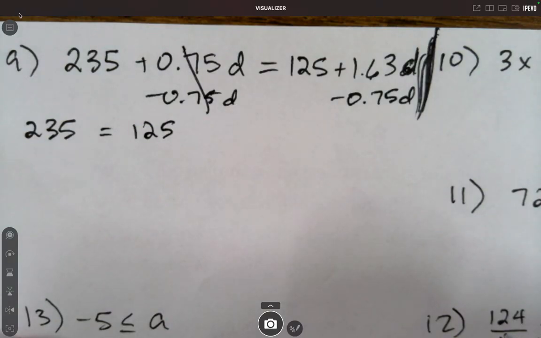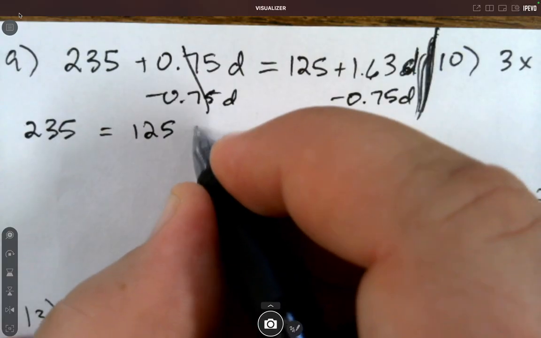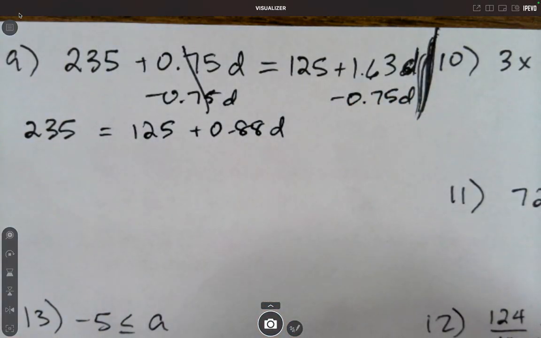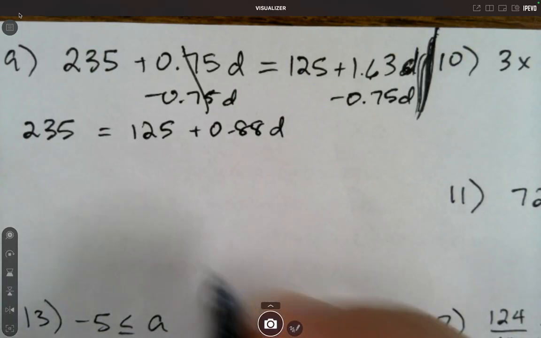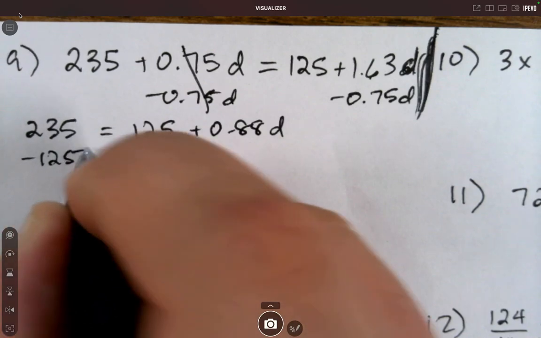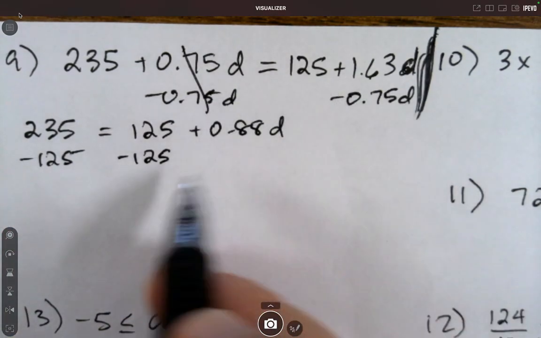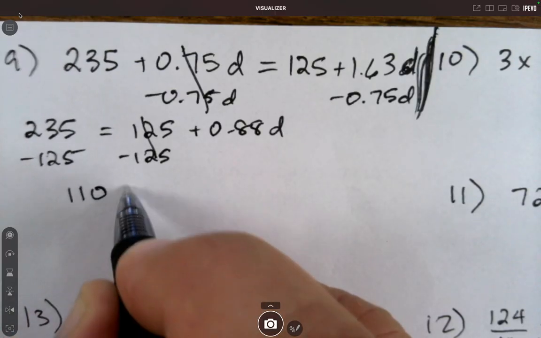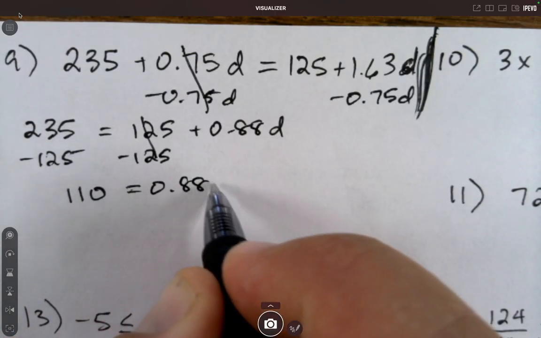Let's see. Yeah. So 0.88 times d. Then we subtract 125 from both sides, because just like we combined the variable terms here, we're going to combine the constant terms here. We get 110 is equal to 0.88d.